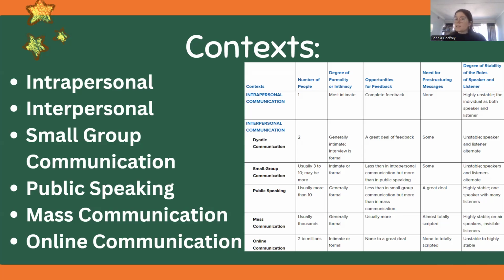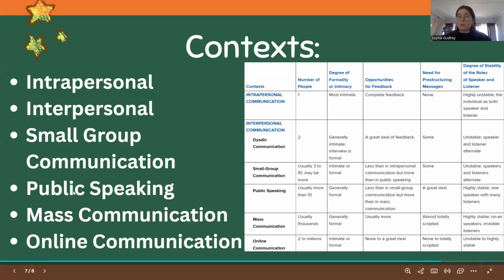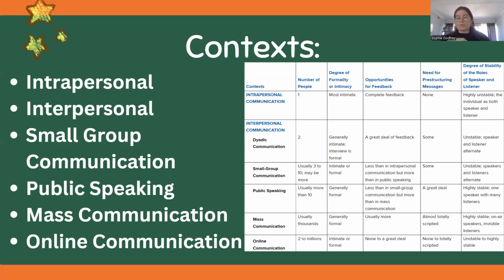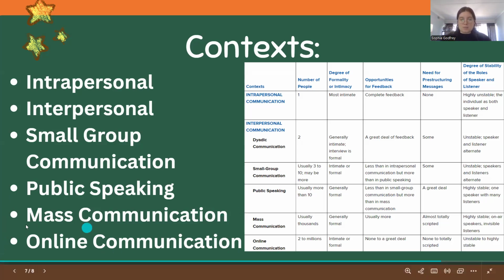Where public speaking is going to be more like I'm talking at you, similar to honestly the style that we have going on right now. I'm talking at you of the information. And then after you've listened to it and understood, you email me afterwards, and then we can talk about it. Then we have mass communication.